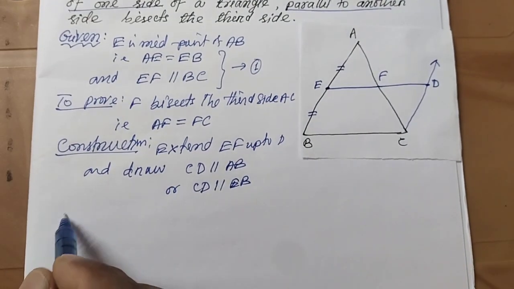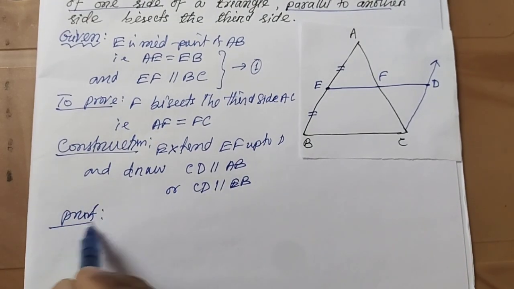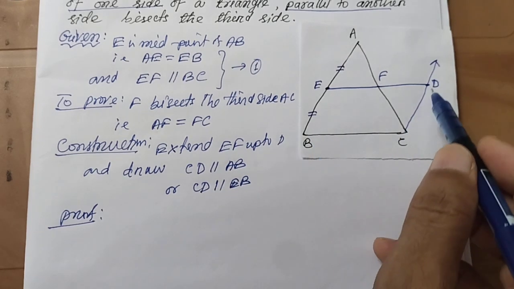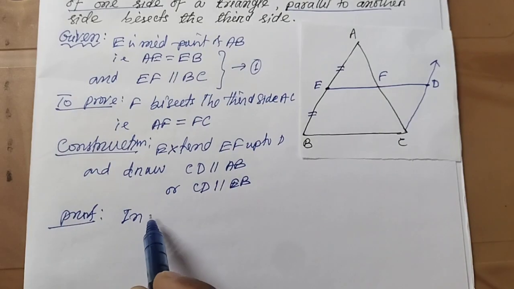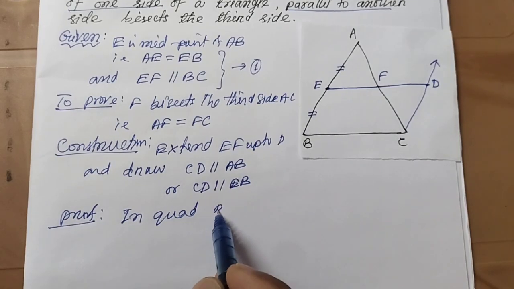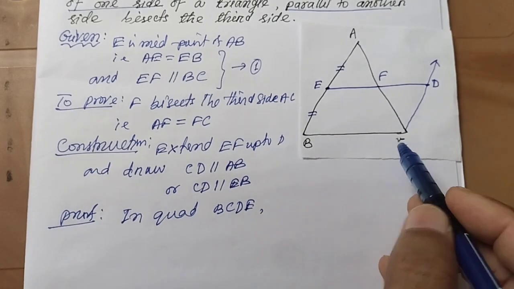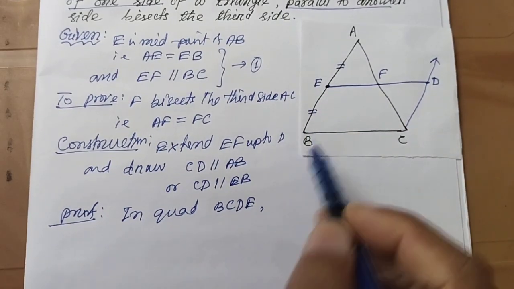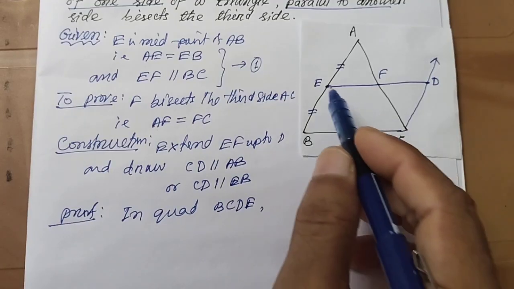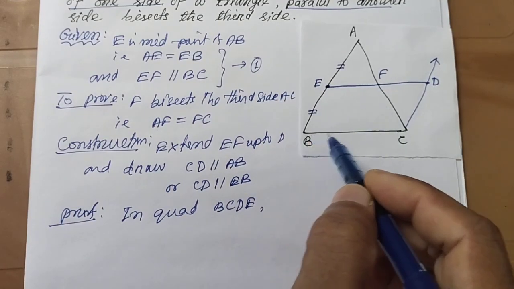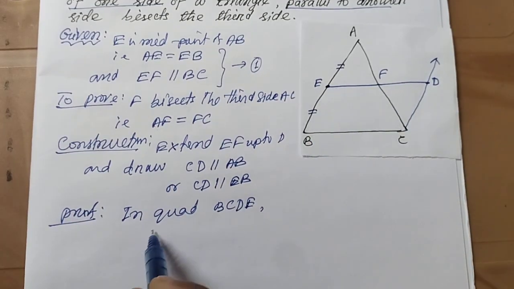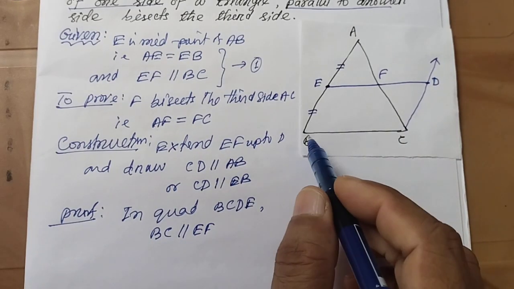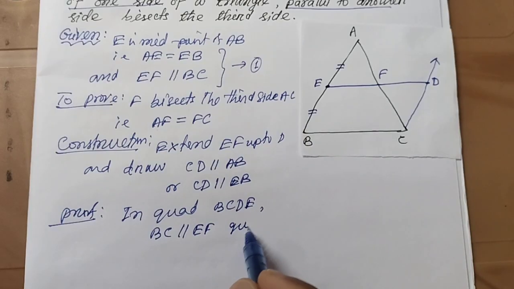Now we will take the proof. In quadrilateral BCDE, first we will prove that this quadrilateral is a parallelogram. First step: BC is parallel to EF, it is given.